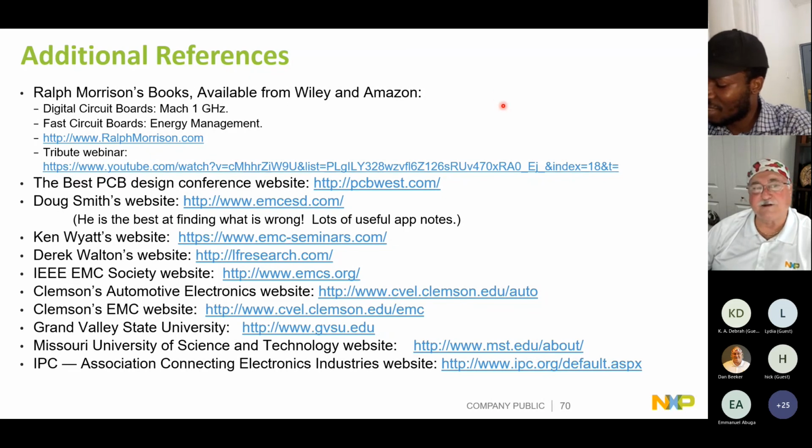So we got to a discussion, and Ralph agreed to come. And that's where I found out he was a physicist. It was great. So now I had my science guy. I was able to get a couple of the instructors from PCB West, including Mr. Hartley. I was able to get two of the researchers from University of Missouri-Rolla at the time, because Freescale was a consortium member, so I had a little bit of clout.